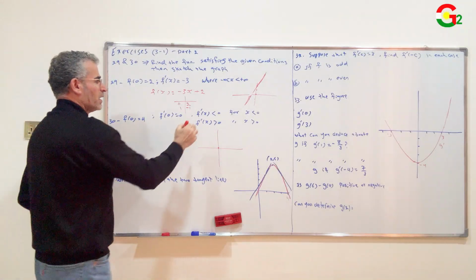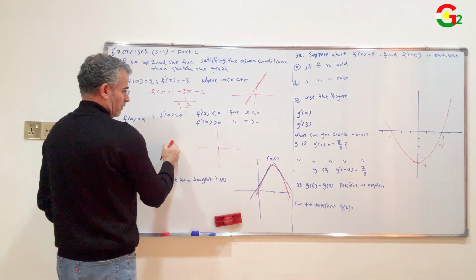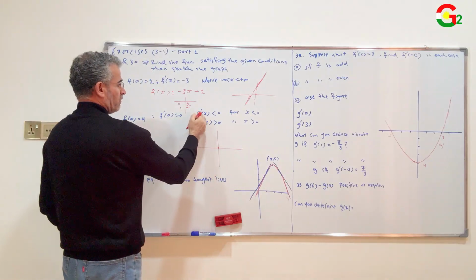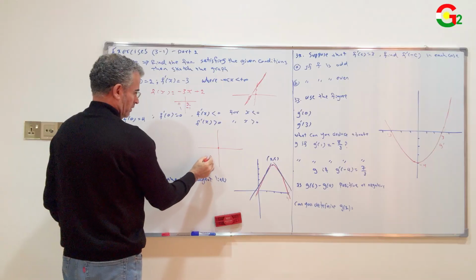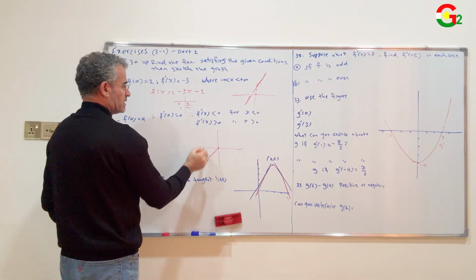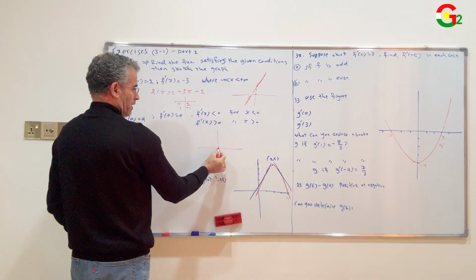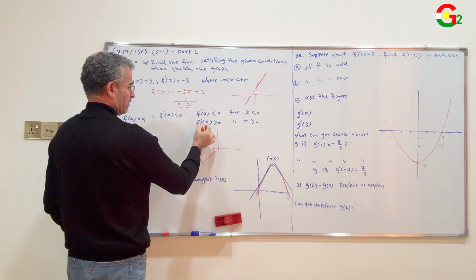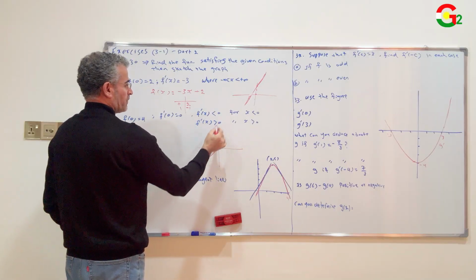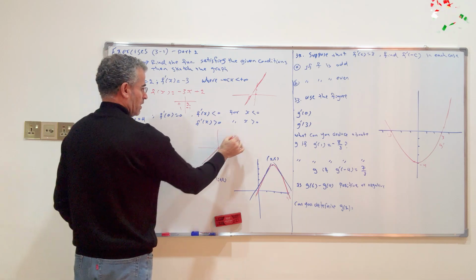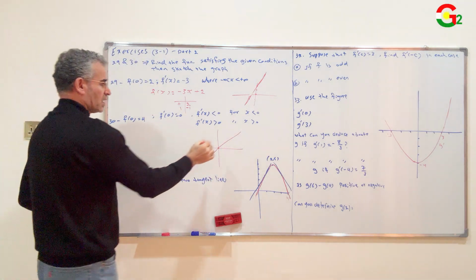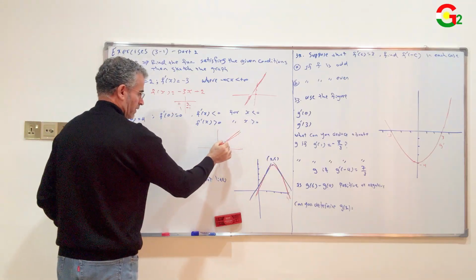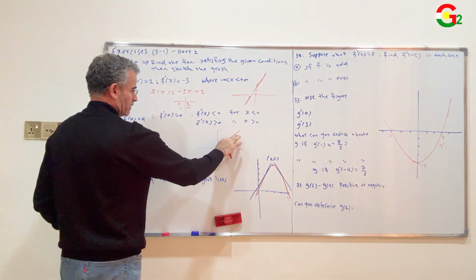When x is less than 0, from negative infinity to 0, f prime of x is less than 0, so it is under the x-axis. From 0 to positive infinity, f prime of x is greater than 0, so it is over the x-axis. Then this is the graph of the needed function.